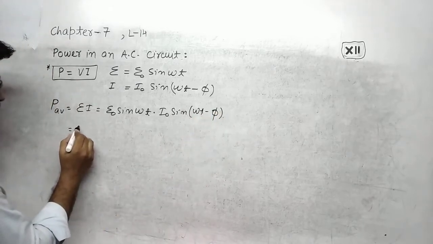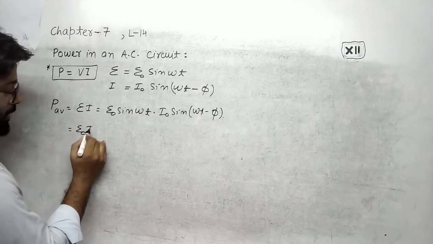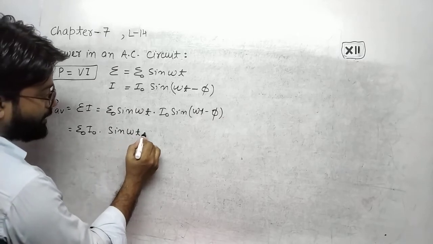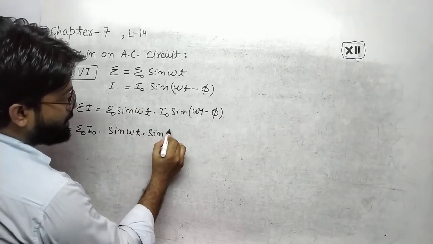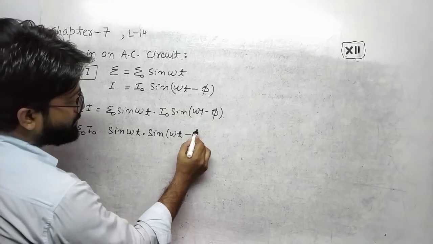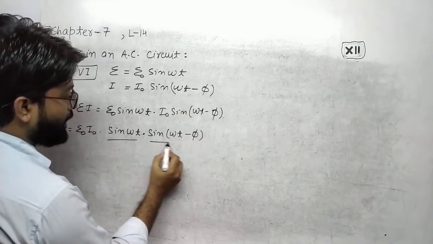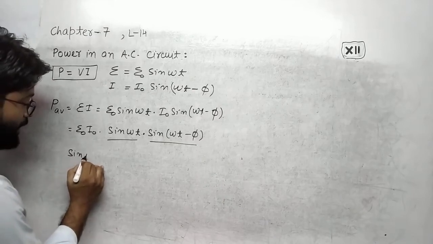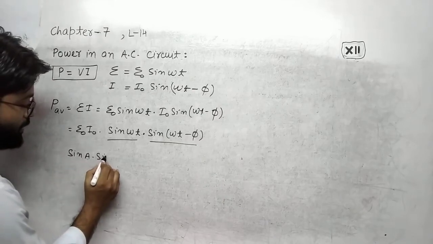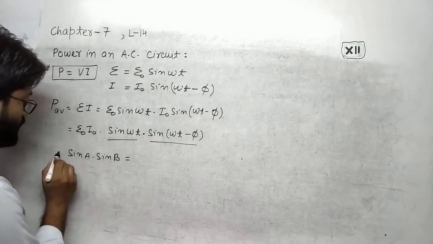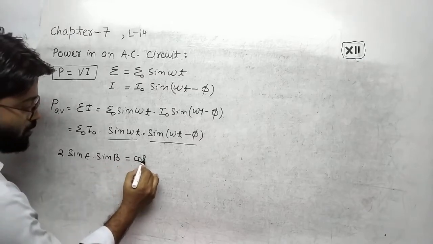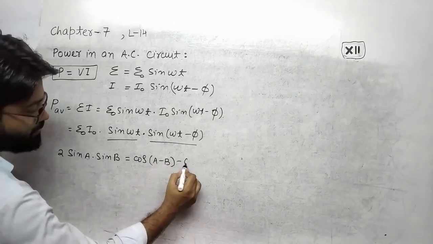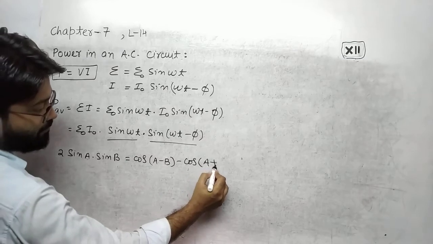You can take E naught, I naught, and sine omega t into sine (omega t minus phi). It is sine A, sine B. The formula is 2 sine A sine B equals cos (A minus B) minus cos (A plus B).